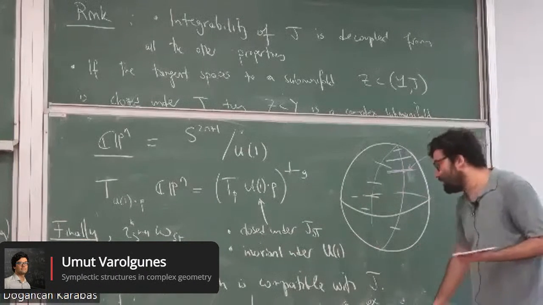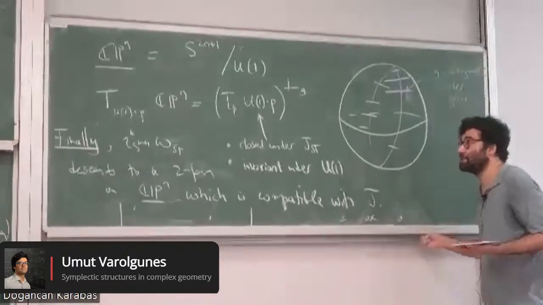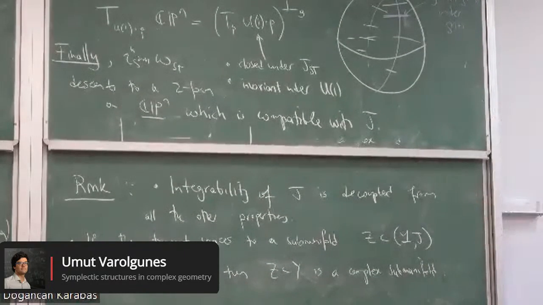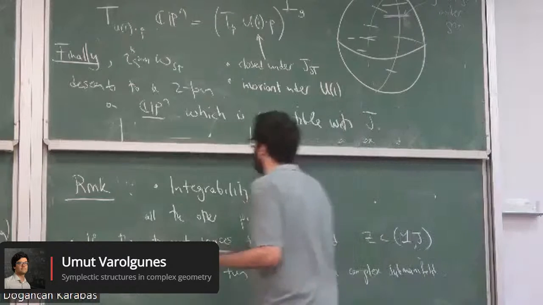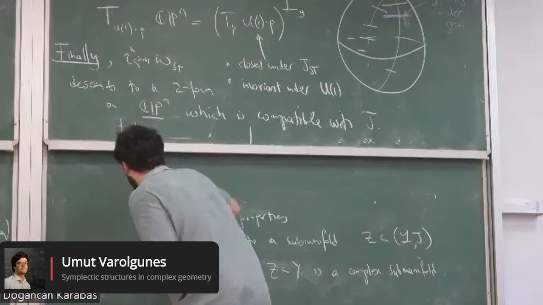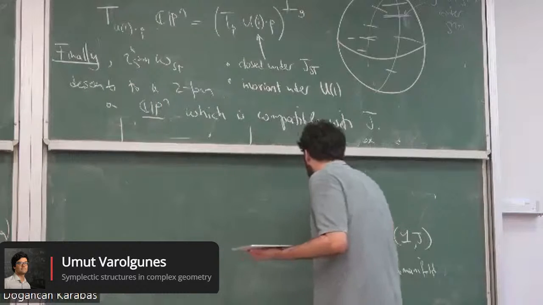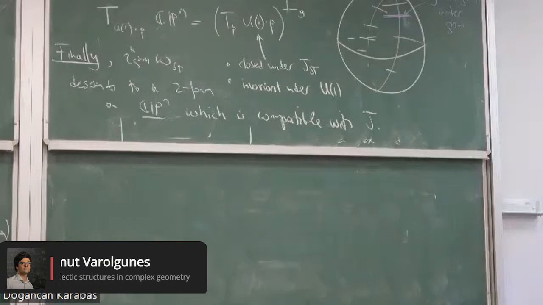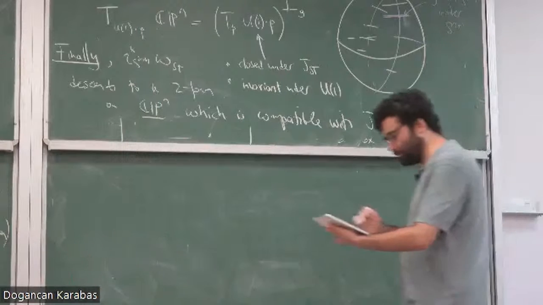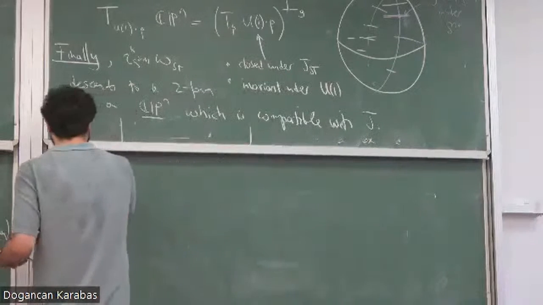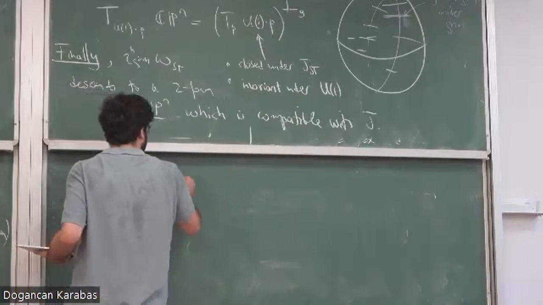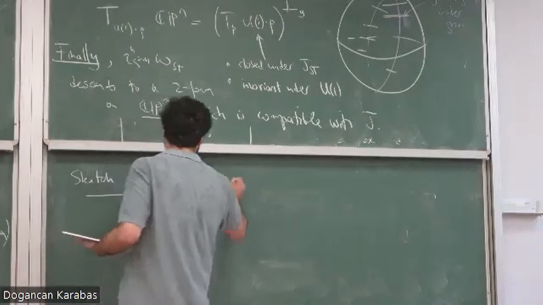There's a very nice way of seeing this, and I want to just sketch that. So here's a sketch of d omega equals 0.